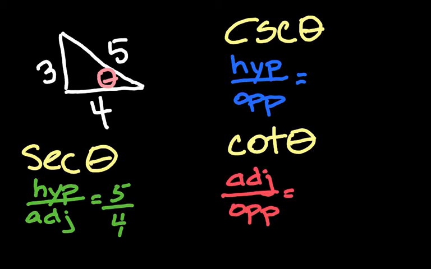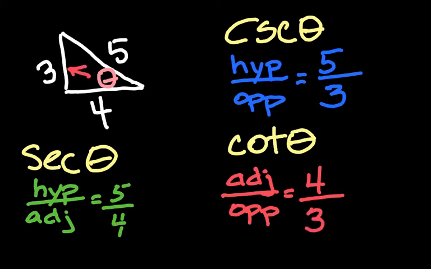For cosecant, hypotenuse, which we already knew was 5, and opposite, which is 3. And cotangent is adjacent, which is 4, over opposite, which is 3.